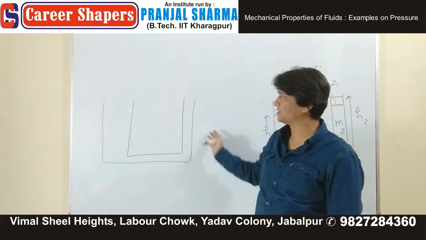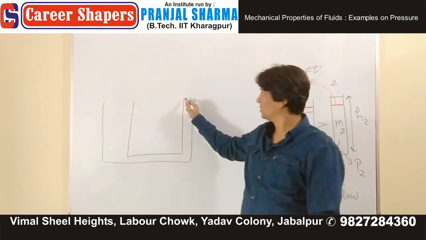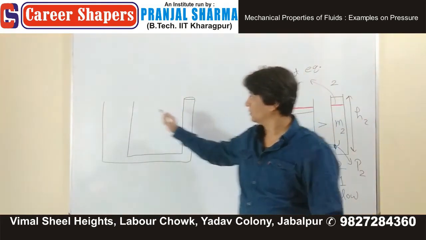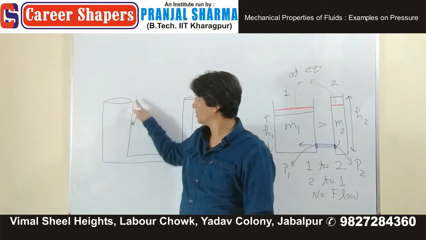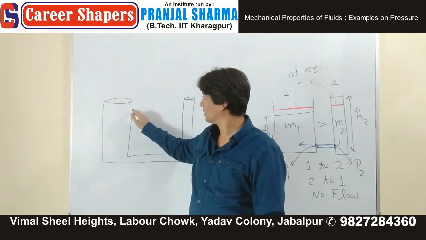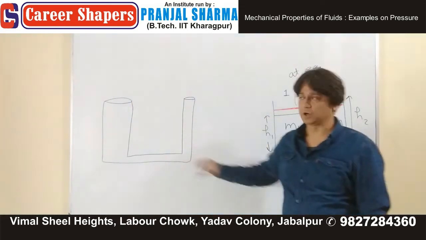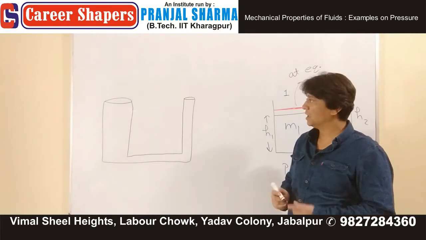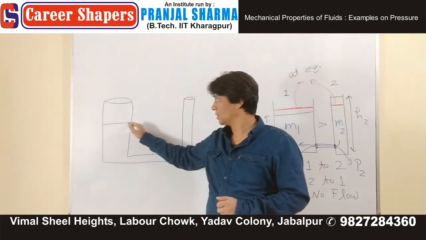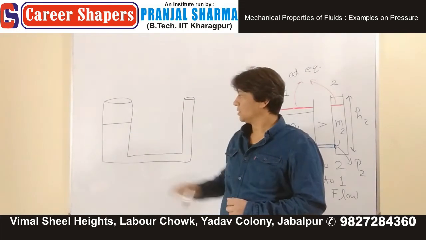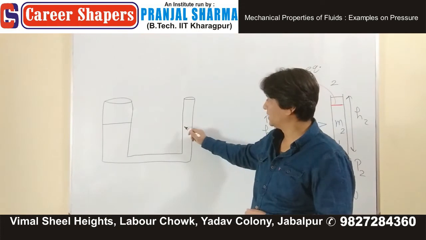The other limb is thinner and that one is the thicker one. And they are both connected at the bottom. Now, there is some liquid present inside.